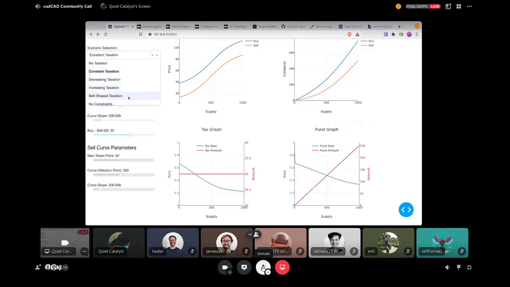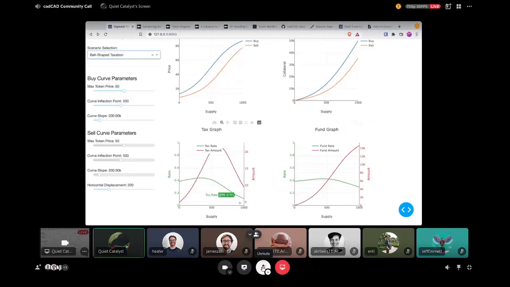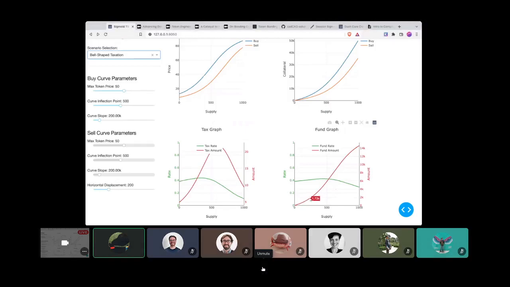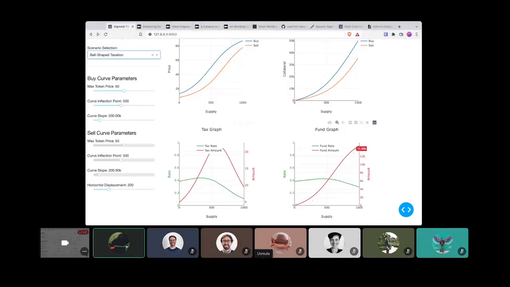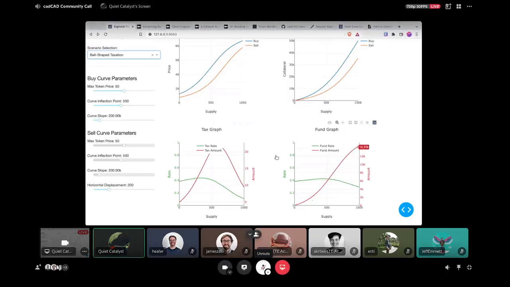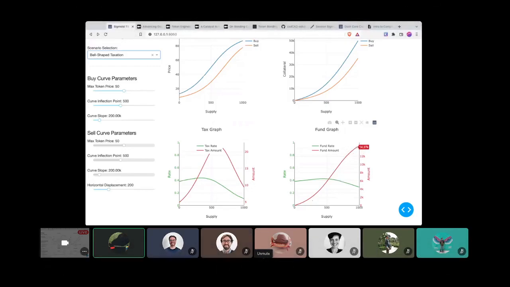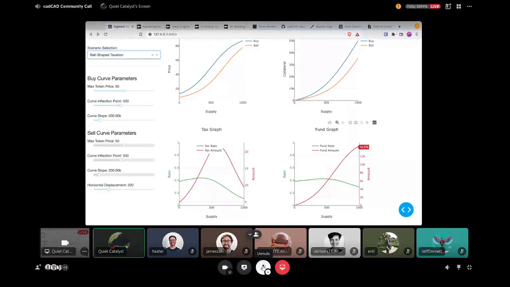Whereas if we contrast that with this bell-shaped one, then we still always have funds coming in, but we have less coming in early in the supply, and then we accelerate to have more and then level off towards the end of supply. It's those characteristics that I think we would then take and map to specific business cases, like what you're describing.